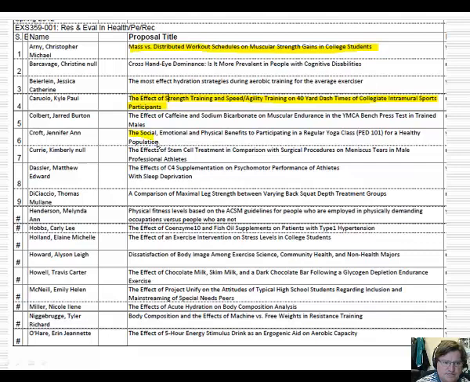Jennifer, here's a nice study. The social, emotional, and physical benefits to participate in a regular yoga class for a healthy population. I liked her proposal so much that I actually approached Jennifer at the end of this course and asked her if she'd considered doing the study, and she did. And she did it as a DIS the following semester, and is in the process of writing it up for publication.